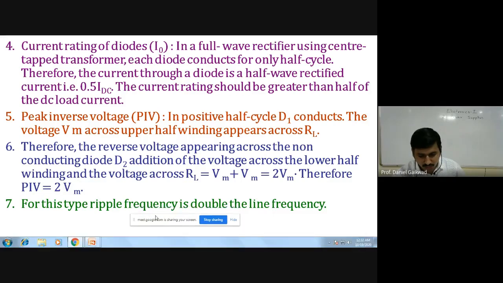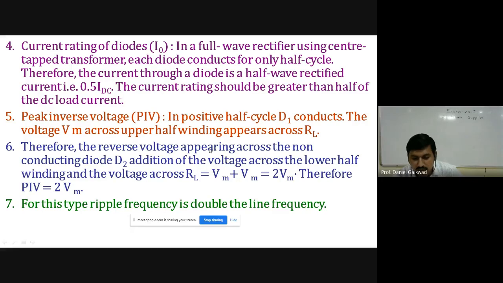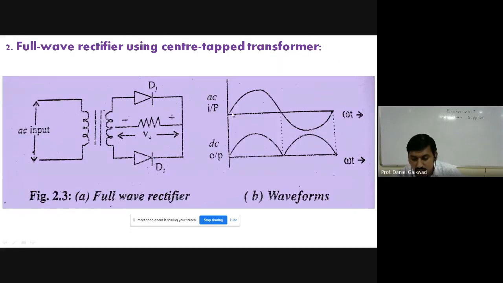Okay. And next, for this type, the ripple frequency is double the line frequency. We can understand that with the help of the diagrams. Check carefully. In 1 second, a positive and negative half cycle combined is called a wave, and that wave will pass 50 times.